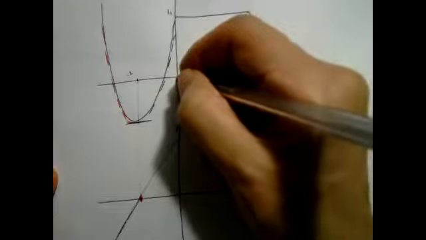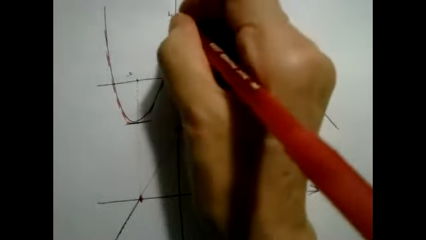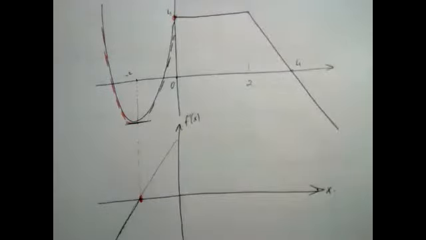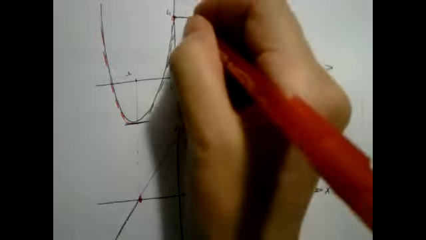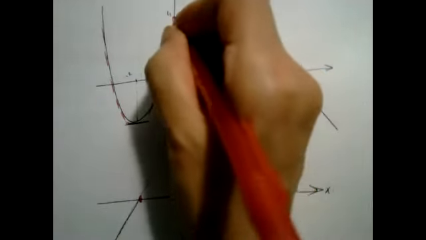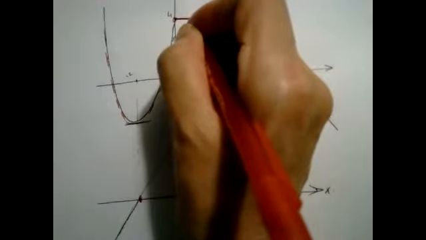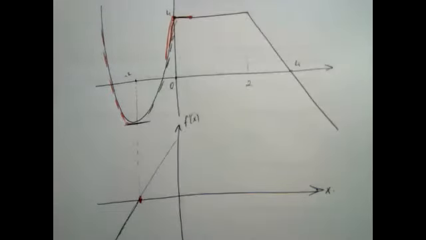Then something happened right here. What's happening right here? Right here, the derivative doesn't exist. Why doesn't the derivative exist? If I take the secant line to the right, the slope of those is 0. If I take the secant line from the left, those slopes are definitely not 0.